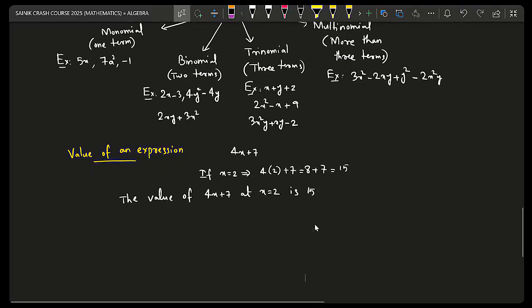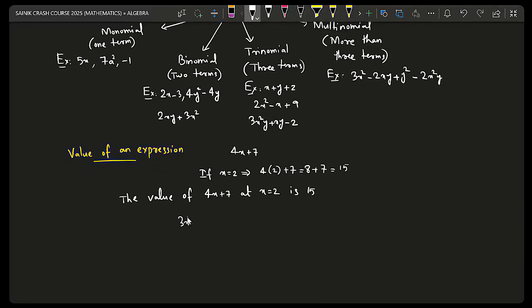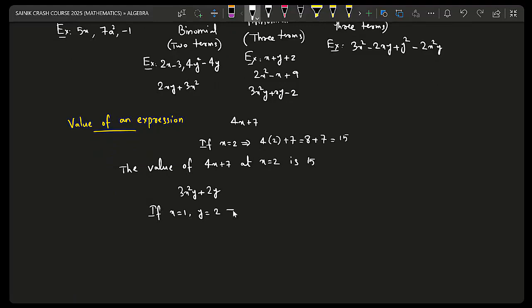We take one more example like 3x square y plus 2y. Let's take x is equal to 1 and y is equal to 2. What is the value? So let us simplify. In place of x, we are going to substitute 1. In place of y, we are going to substitute 2. Again, in place of y, we are going to substitute 2.